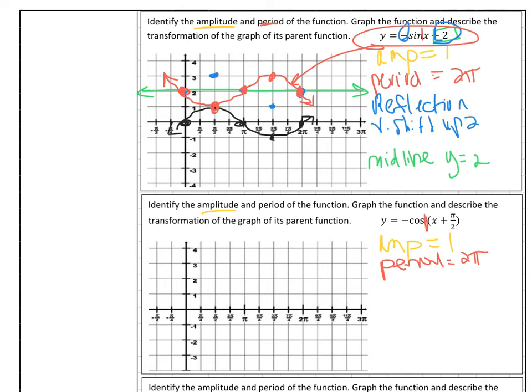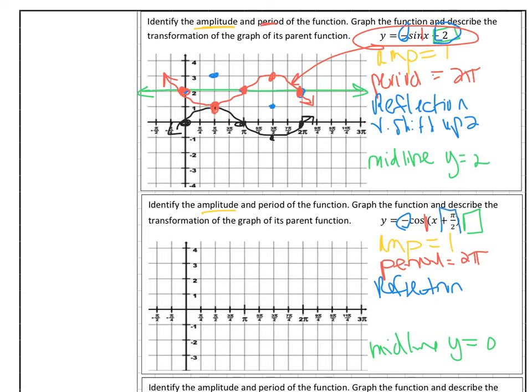So our period stays at 2 pi. Our midline is going to stay at the x-axis because there is no number added or subtracted at the end of our function. And we can see that we've got ourselves a reflection because of the negative in front.